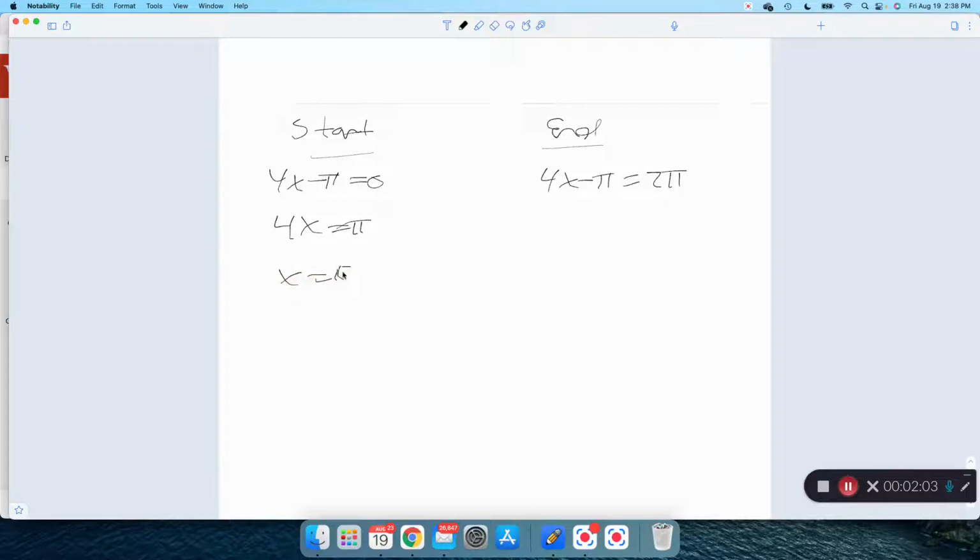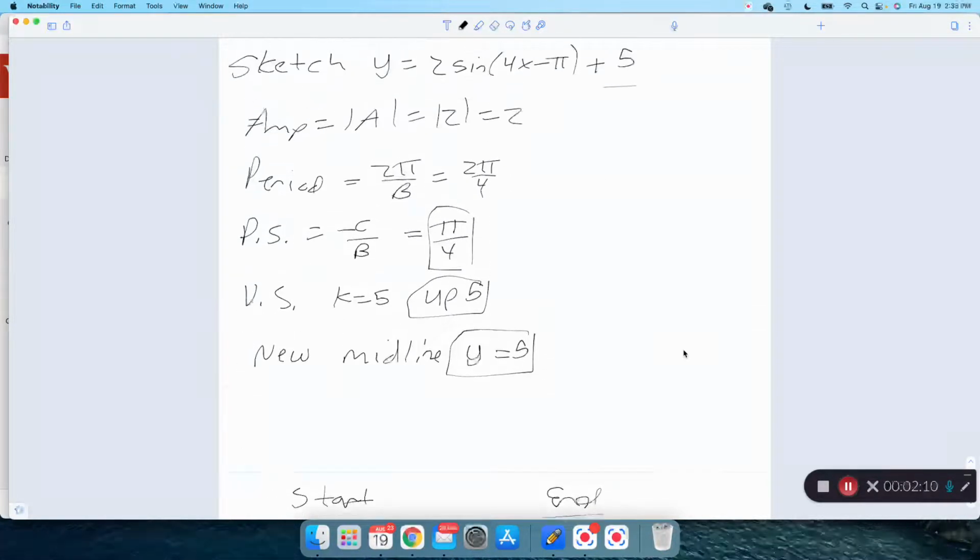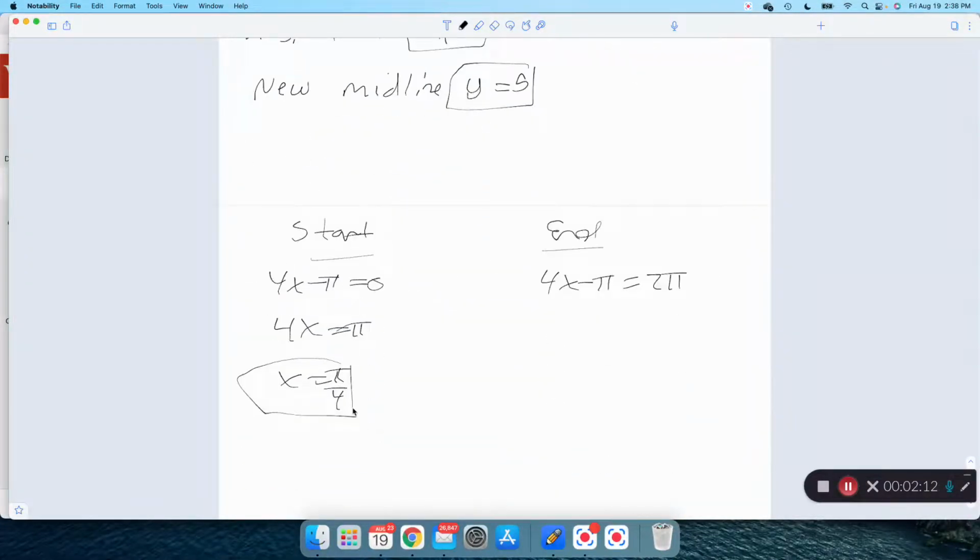X is pi over 4. That should be my phase shift. Let's check. Pi over 4, check. Here, we get 4x equals 2 pi plus 1 more pi. So 4x equals 3 pi. X is 3 pi over 4.